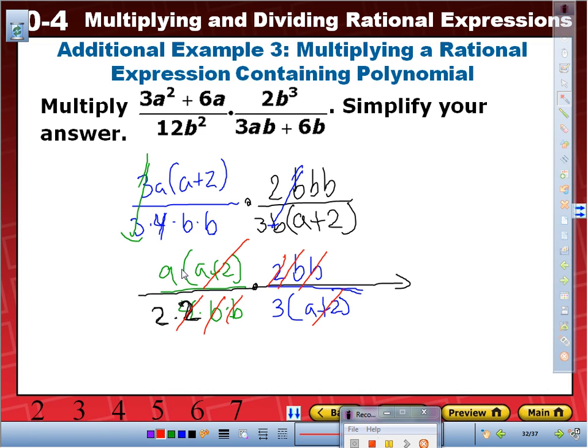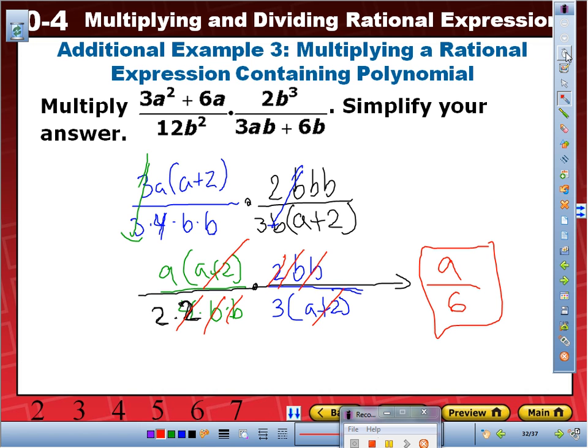No. We're left with what? A over, what is 2 times 3? 6. Okay? All right. So far, so good? All right, so multiplication, piece of cake, right? Now let's do division. Yay, division.